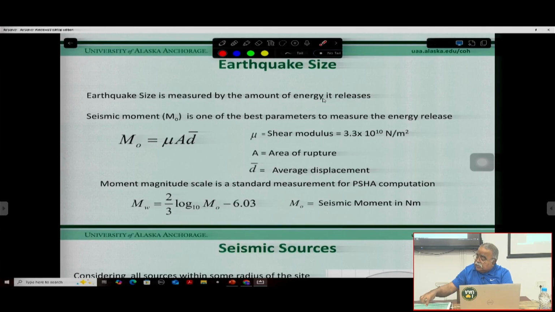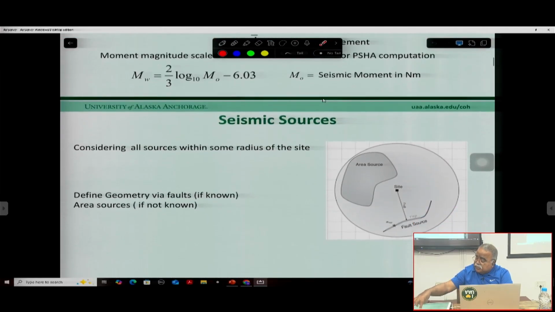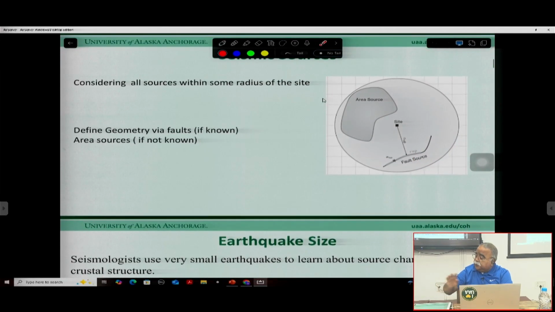So this is what we have done, and we are interested that a particular site, if it is located very near to the various earthquake sources, and some sources we define as a line source, some sources as an area source.